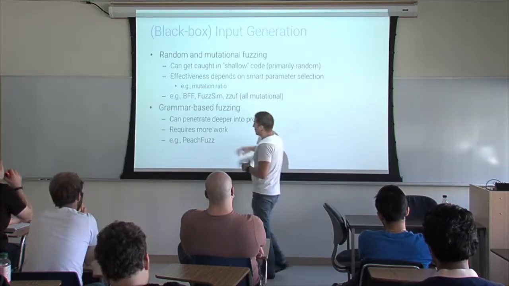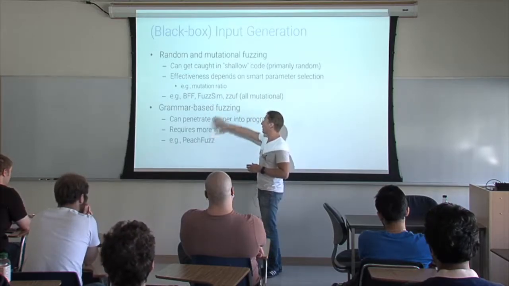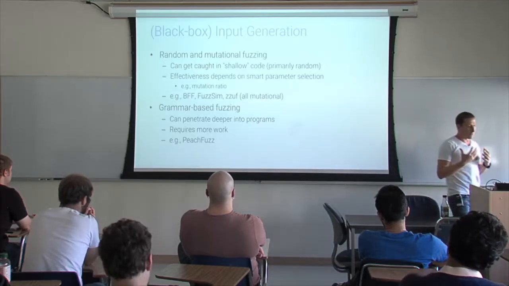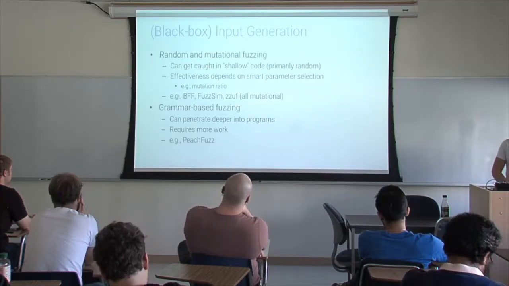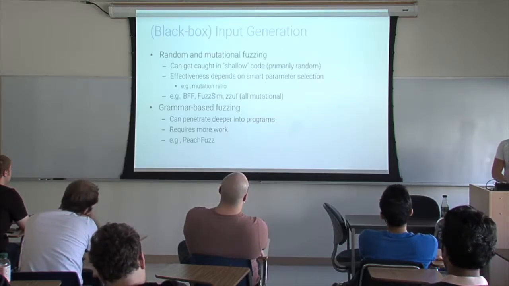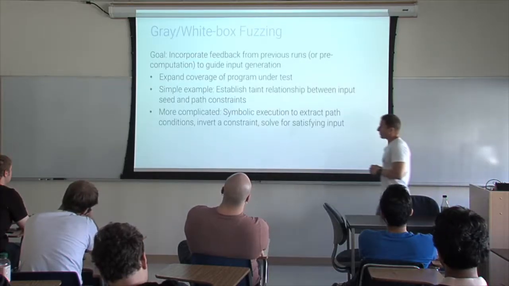And you also have grammar-based fuzzers like Peach Fuzz, which, by the way, can also do random and mutational fuzzing, that are more focused on the type of analysis that requires a grammar.